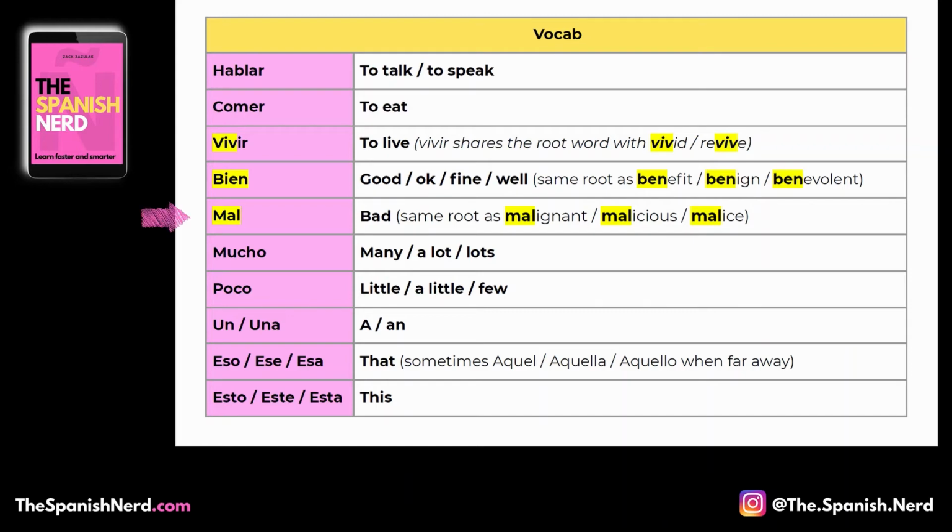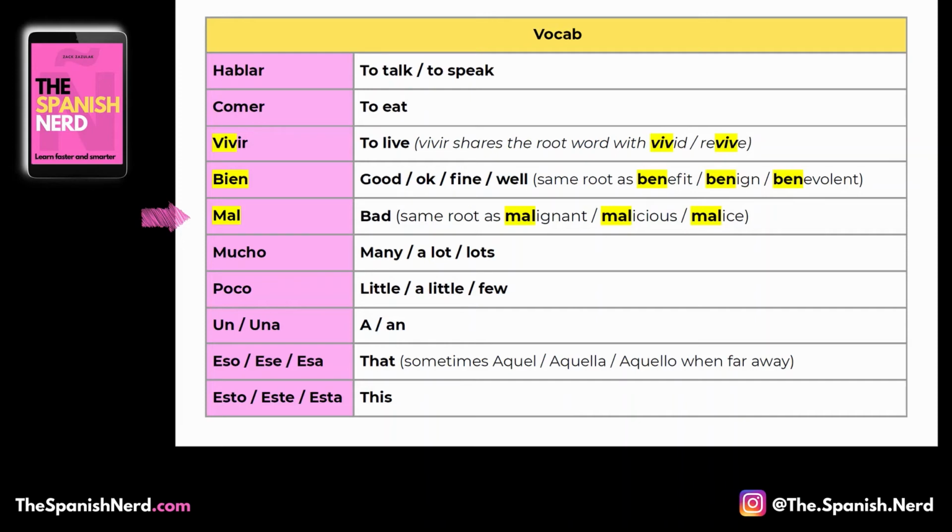Now, let's contrast that with the next one, mal. Mal means bad, and it can mean some other things too, but as a generalization, it means bad. And whatever other meaning it might have, sometimes due to context, it's still going to be very related to bad, or usually be a synonym of bad. Notice it has the same root as malignant, malicious, malice. M-A-L.